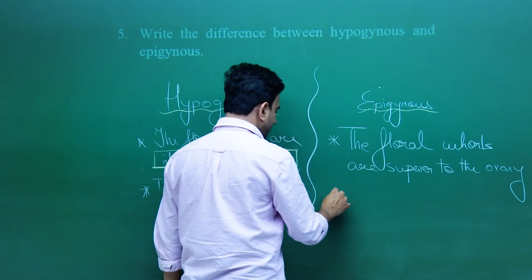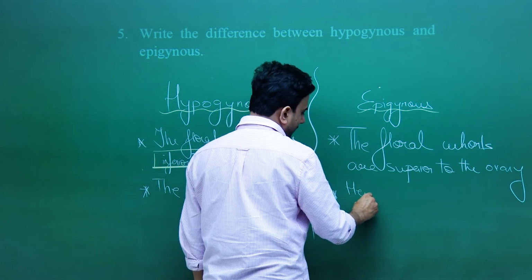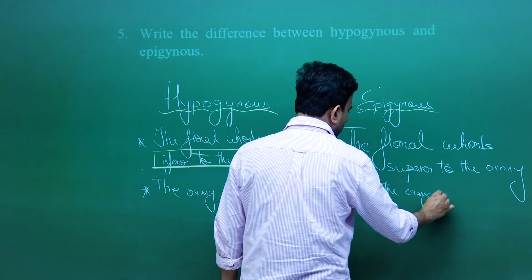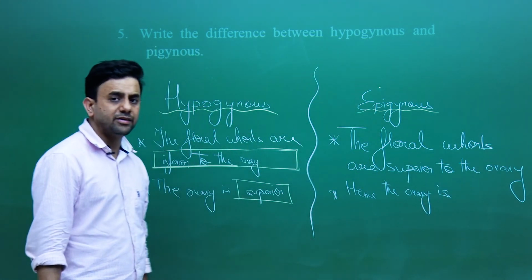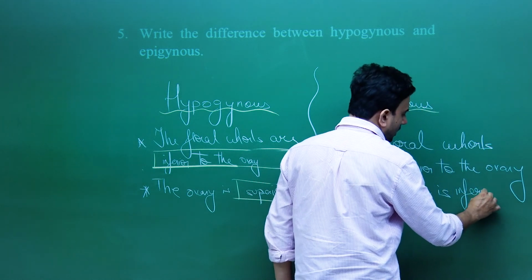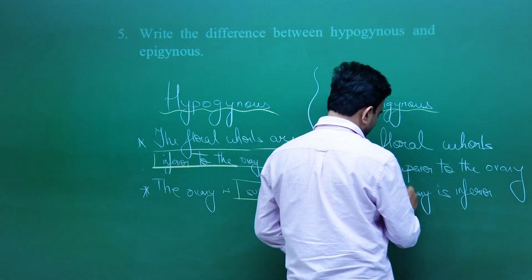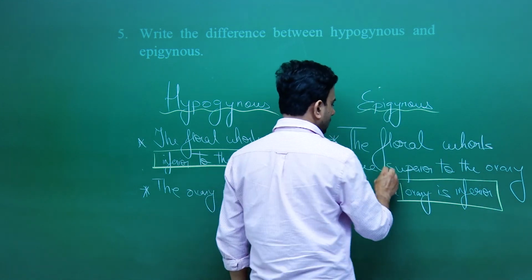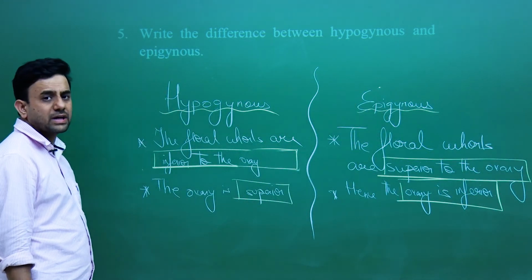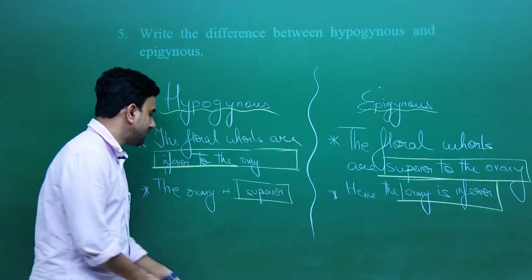Hence the ovary is inferior in these conditions. Okay, the hypogynous and the epigynous.